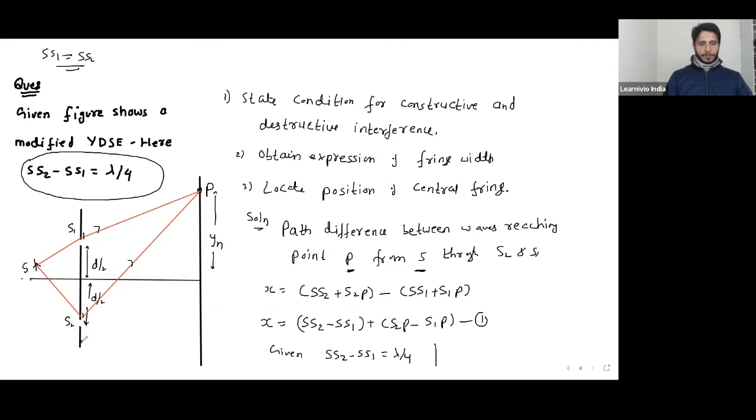And if this distance is capital D, this is y, and this slit separation is small d, do you remember the relation between yn, capital D and small d? I derived this in the last class. This is a part of the derivation. I don't want to derive it again.